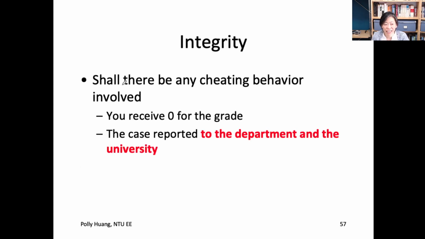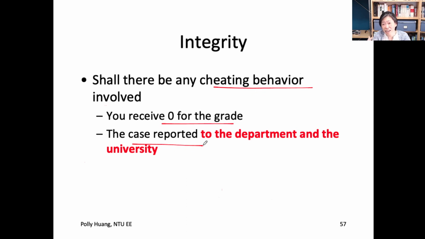Integrity. If there's any cheating behavior, you receive 0 for the grade, and the case will also be reported to the department and then to the university, depending on the department's decision. And here I cannot be nice either, because it's not going to be nice to other students, you see. It's not that Poly doesn't want to be nice. A lot of times, your nature determines whether you are kind or nice.